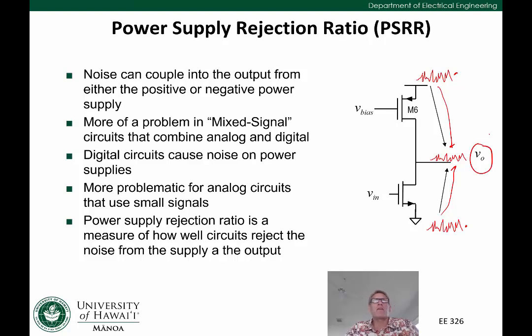Power supply rejection ratio is a measure of how much the noise can couple into the output, effectively the gain from the supplies to the output. We'd like to keep that rejection high so we can reject most of the noise from either the positive or negative supply.